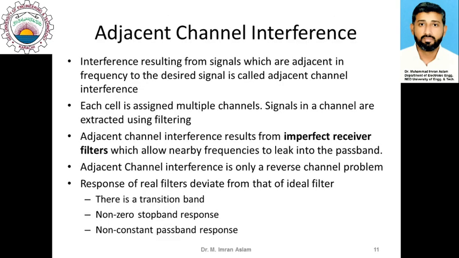Let us move our discussion on to the adjacent channel interference. So first thing, what is adjacent channel interference? Adjacent channel interference results from the interference coming from any adjacent frequency band which is allocated in the same cell. Generally, each cell is allocated multiple frequency channels, and in order to extract one of the channels for communication purposes, we generally use filtering.